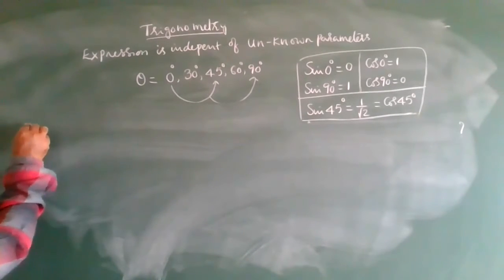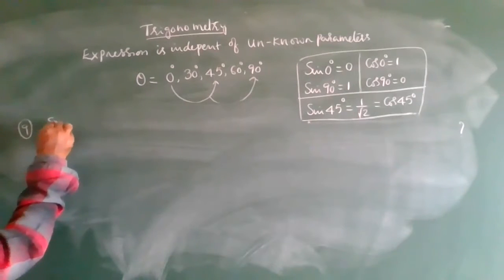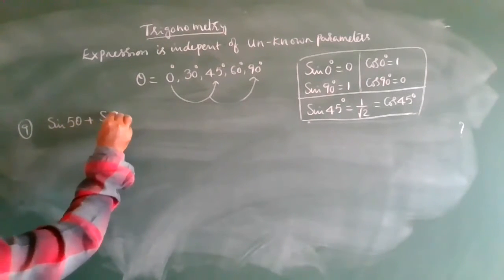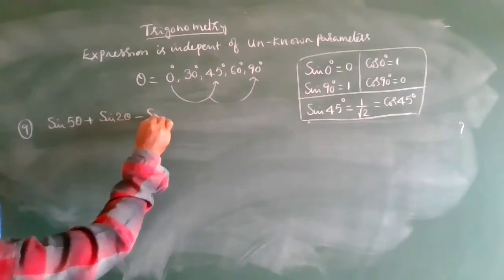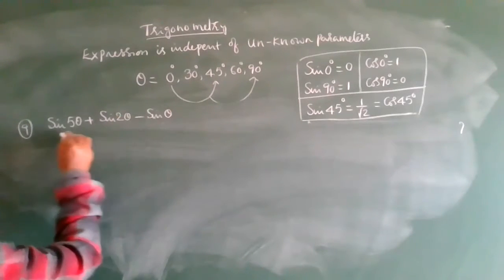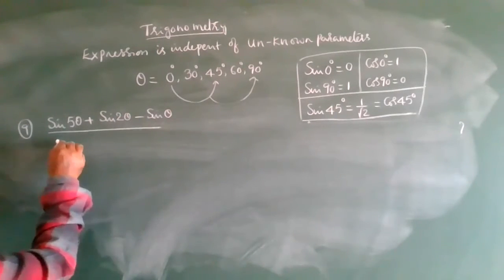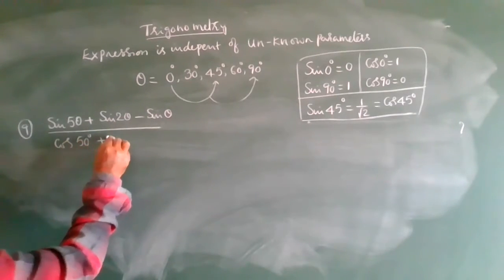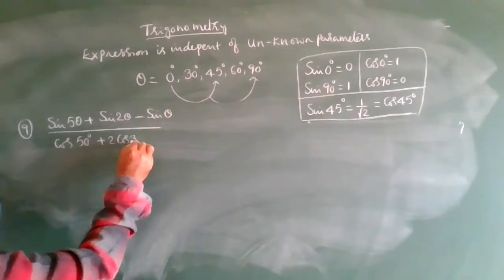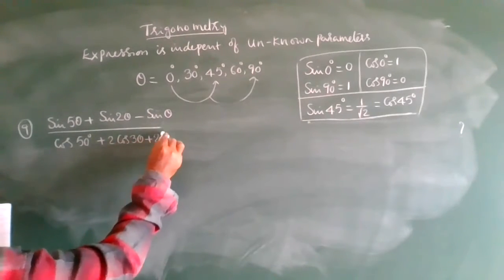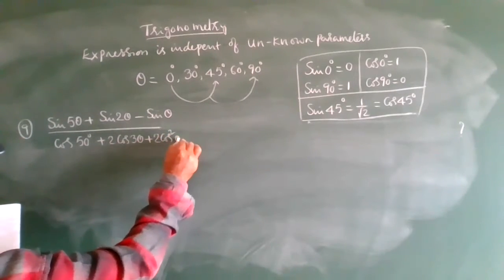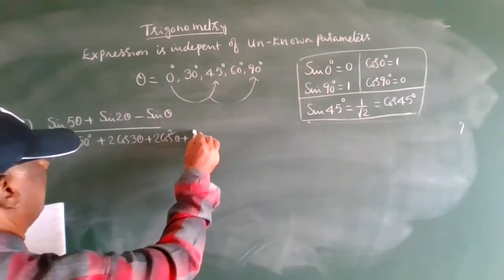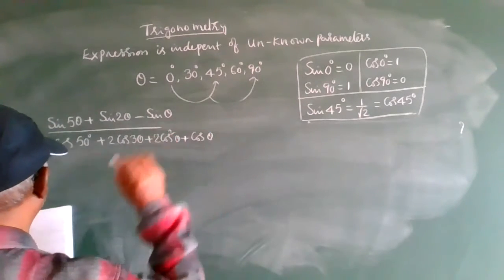Ninth problem is sine of 5 theta plus sine of 2 theta minus sine theta by cos of 5 theta plus 2 into cos of 3 theta plus 2 cos square theta plus cos theta is given.